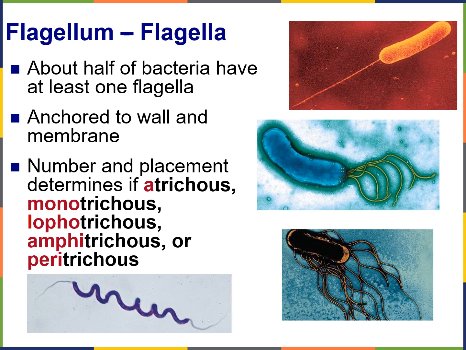So if you look at the picture on the very bottom on the left, you have a spirochete, and you can see that it has a flagella on both ends. That is amphitrichous. And then the last term is peritrichous. The prefix peri means around or surrounding. So if you look at the picture on the bottom right, you see a bacteria cell and it has all kinds of flagella coming from all around it. So again, that is an example of peritrichous.